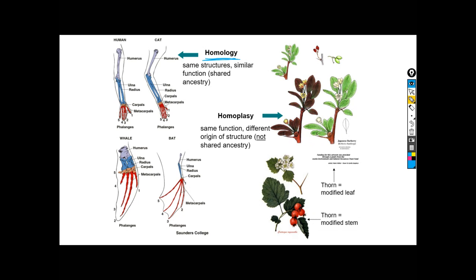We have the arms or front appendages of several different organisms: human, cats, whales, and bats, so several different types of mammals. This front arm is, probably not surprisingly given that they're all mammals, shaped very similarly with all of the same bones. And they all function very similarly.